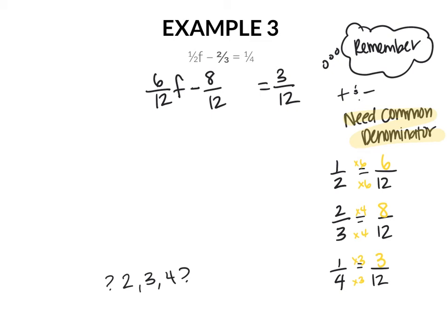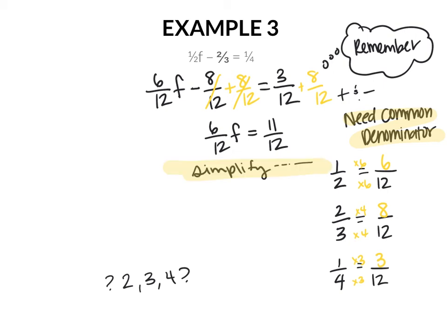The first thing I'm going to undo is that minus 8/12. And if I do it to one side, I have to do it to the other side. That leaves me with 6/12 f equals 11/12. Now I'm no longer adding and subtracting, so I'm going to simplify these again.